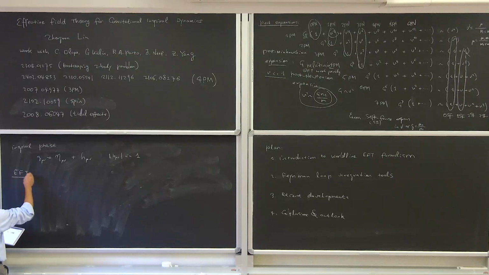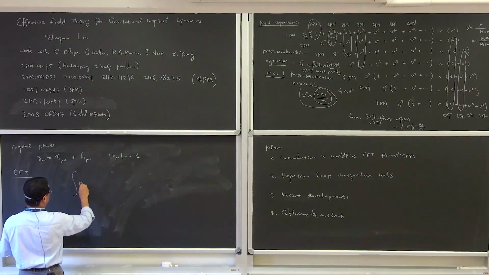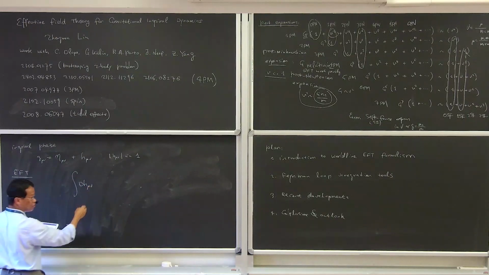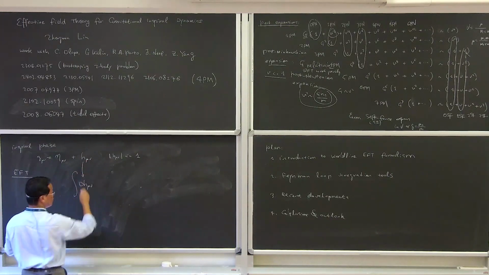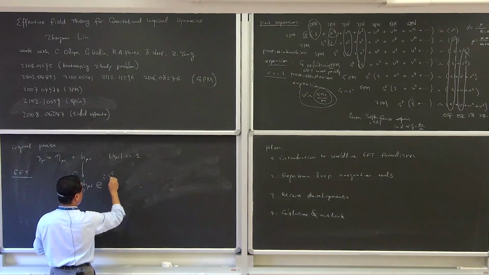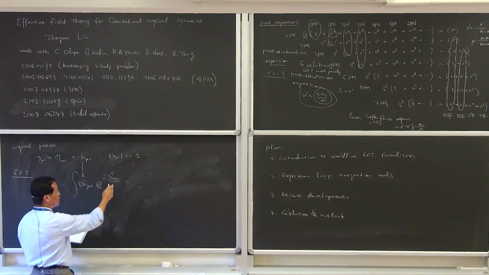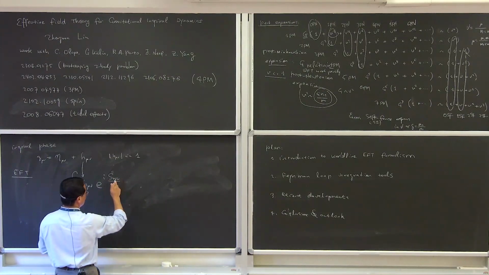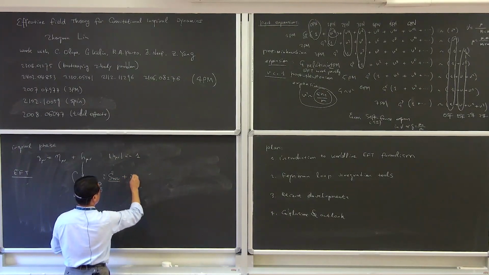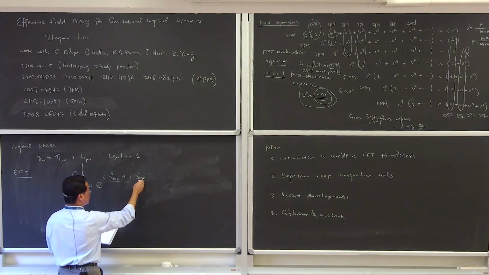The idea of effective theory is very simple. We just integrate out the gravitational field, this h mu nu, from the full action. This part describes the two black holes or two neutron stars, the orbital action, and this is the gravitational action.